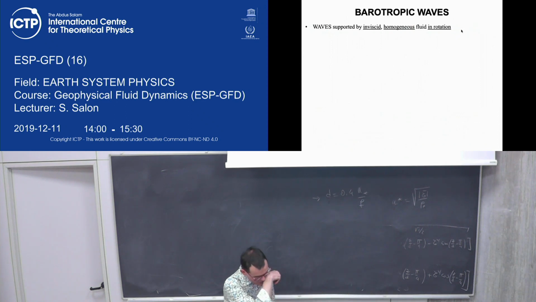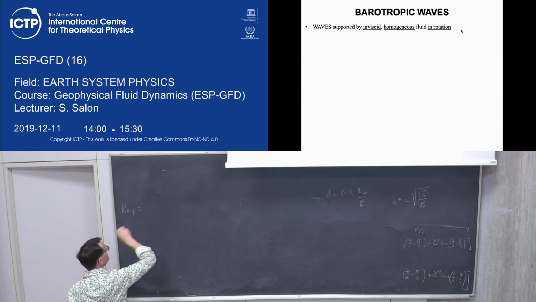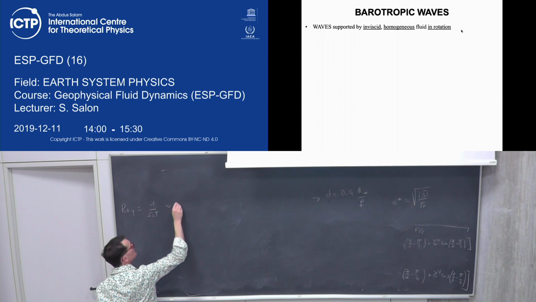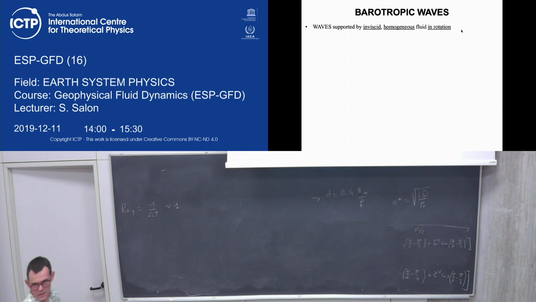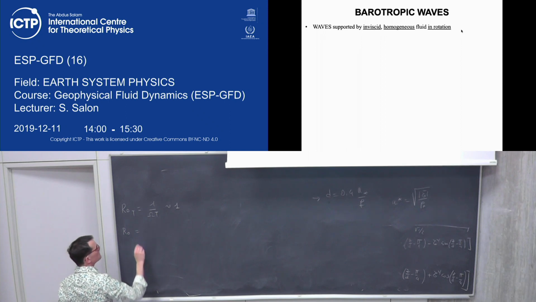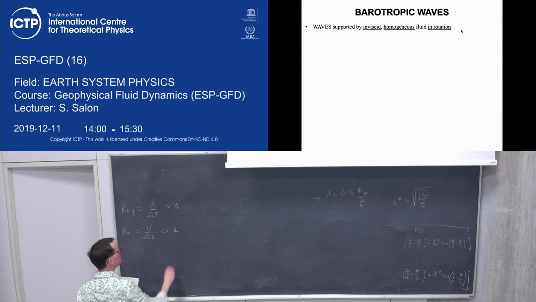So what we are going to consider is waves. Why waves? Because we said the Rossby temporal number, which is 1 over omega t, is order of 1. So we can keep it. The Rossby number, u over omega L, is much smaller than 1.